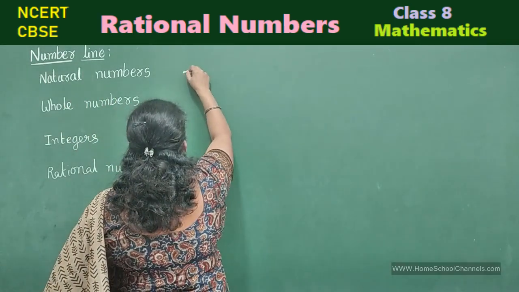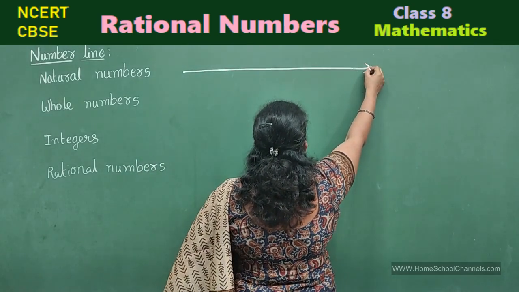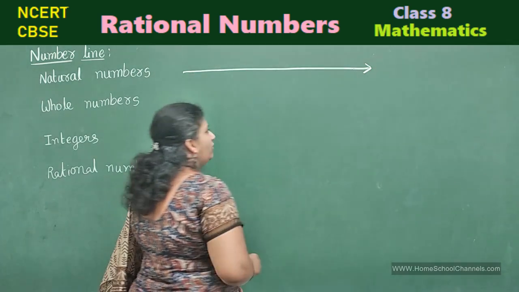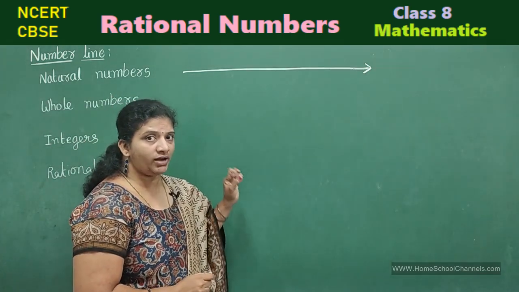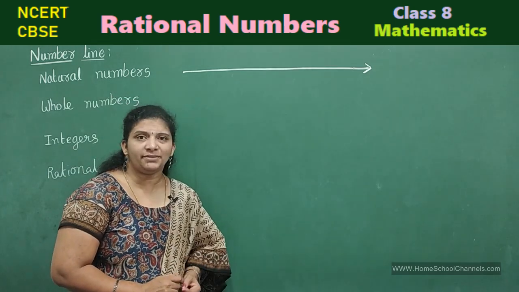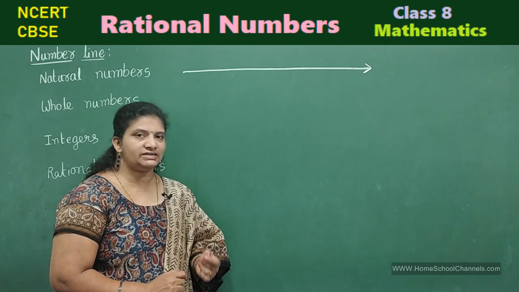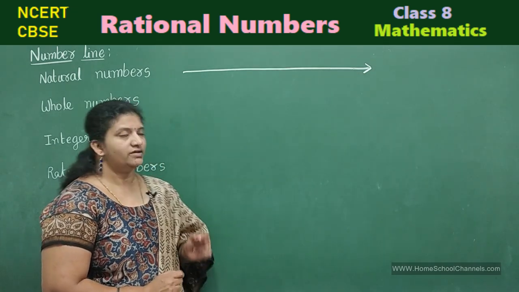Let me start from 1 point and I just show you here an arrow. A natural numbers representation on a number line. What are natural numbers? Counting numbers are called natural numbers. That is 1, 2, 3, 4. These are all called natural numbers. Right?